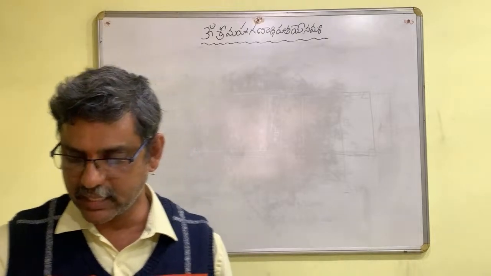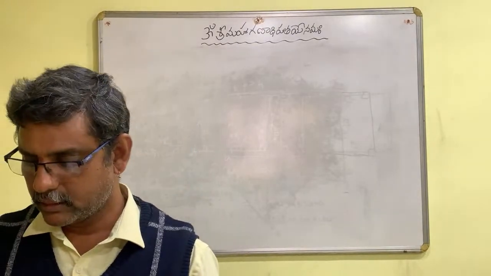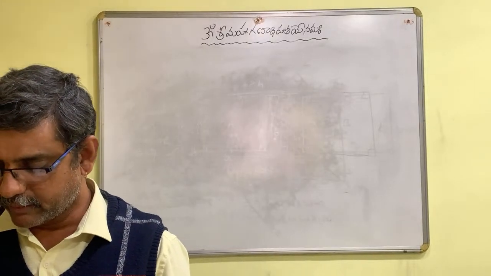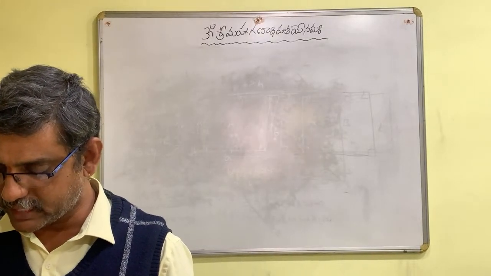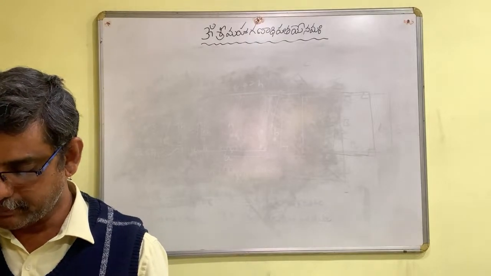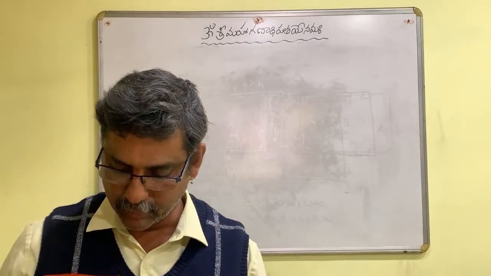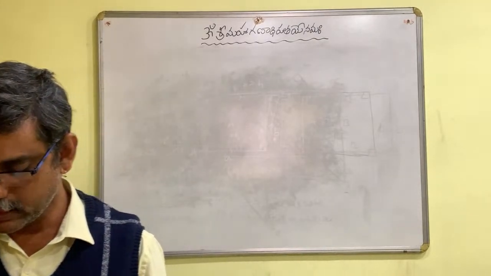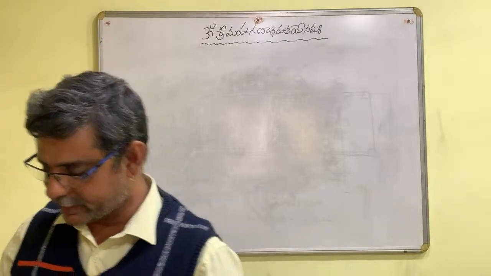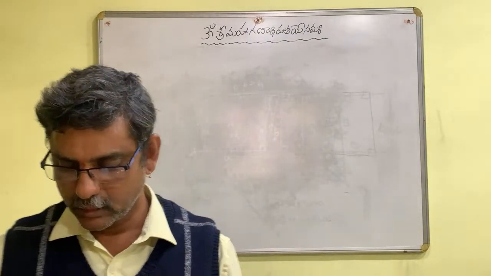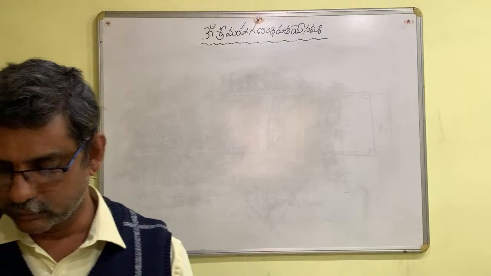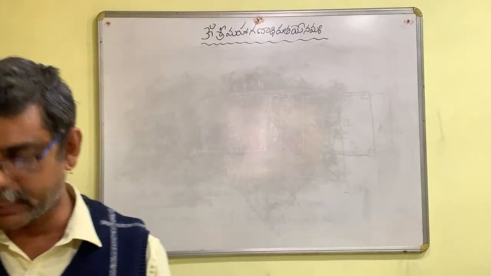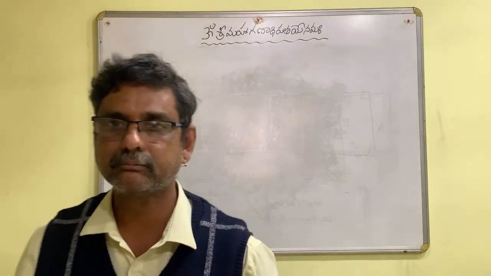Every rational number can be represented as a terminating decimal. Every rational number can be represented as an integer. Which statement is true? Third statement is true. Every rational number can be represented as a terminating decimal. That is true.